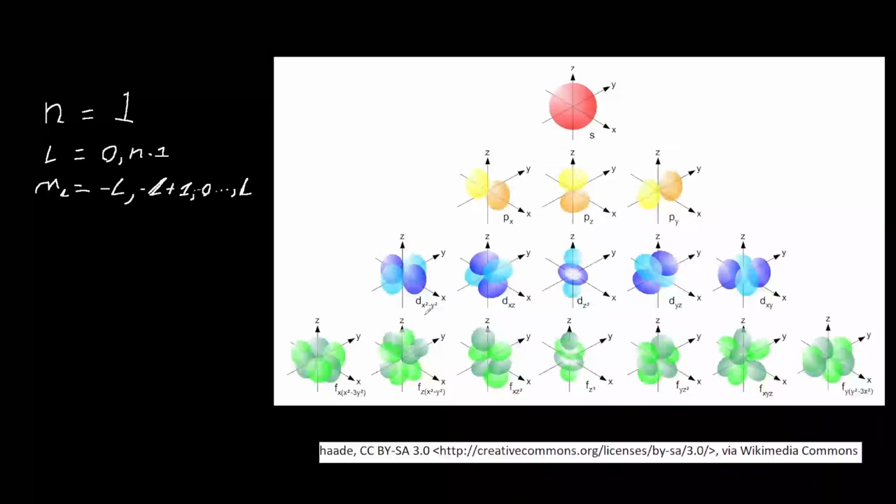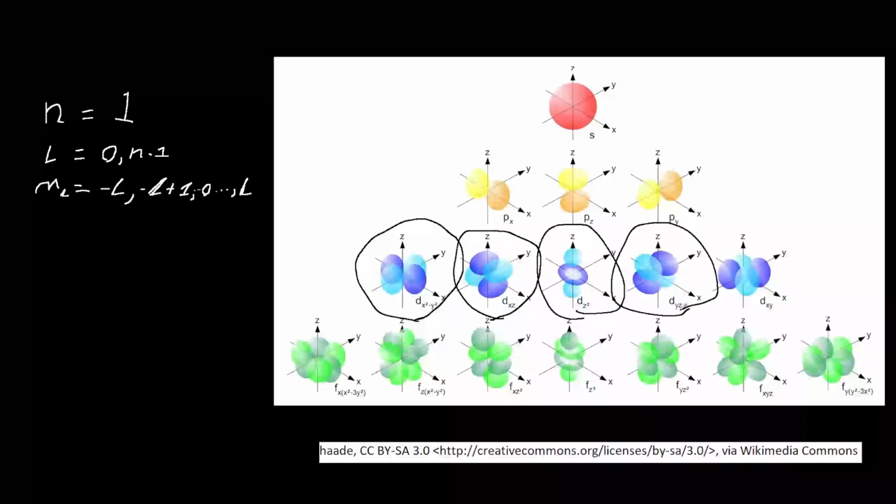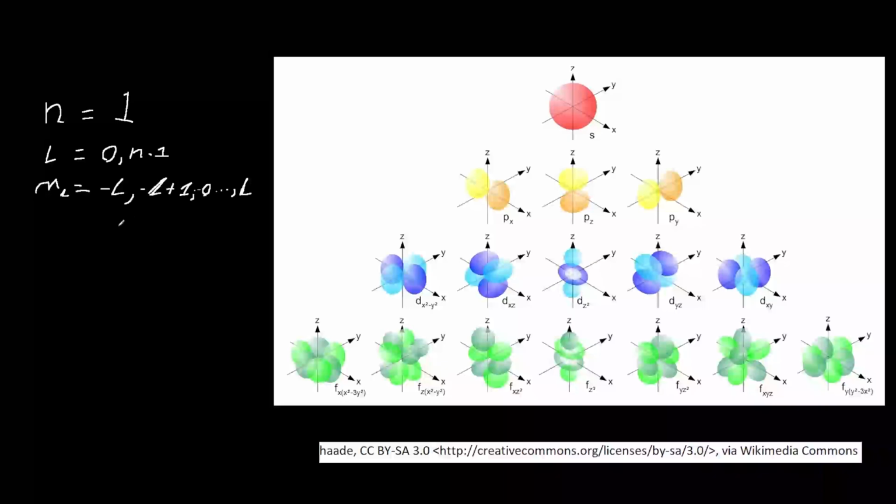If L is equal to 3, we have minus L, minus L plus 1, 0, 1, L minus 1, and L, right? Really simple. And so that means that there are 2L plus 1 values of ML. Okay, really simple.